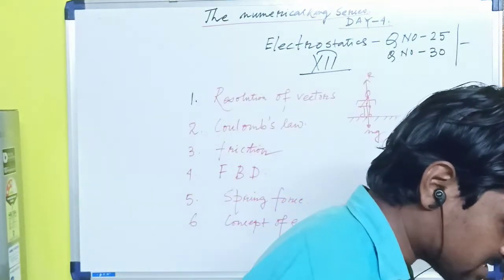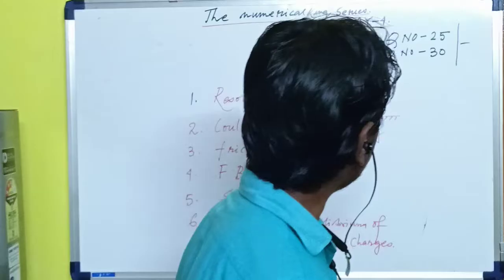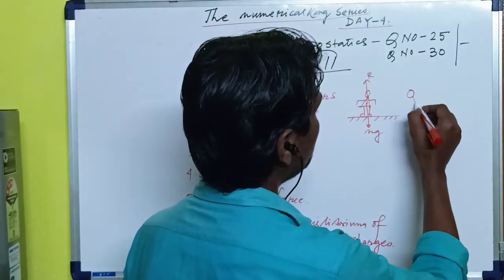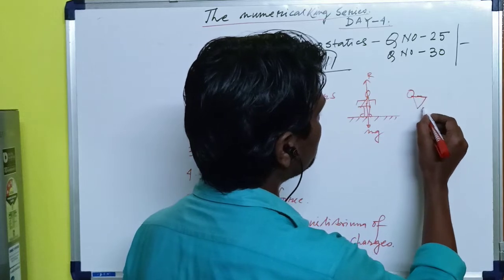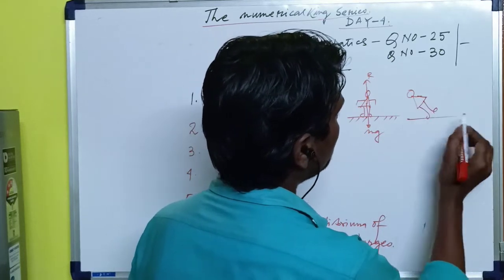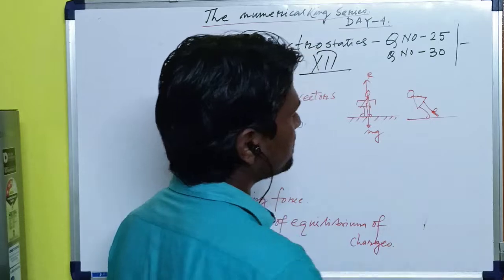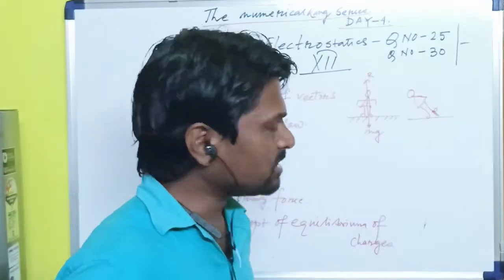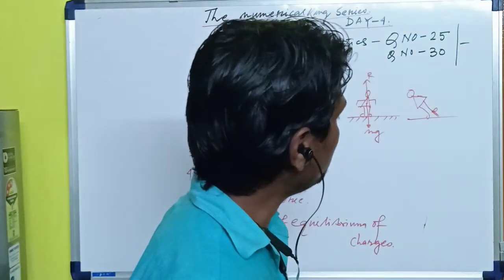But if we try to tilt ourselves, suppose this is the figure, tilted like this, you can also try it, then the realization is better.